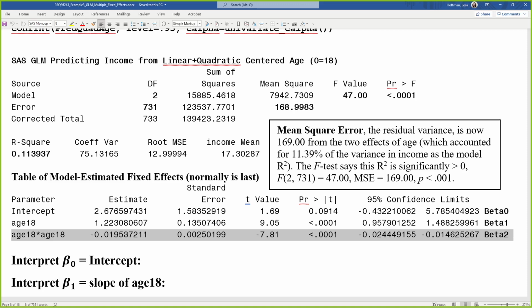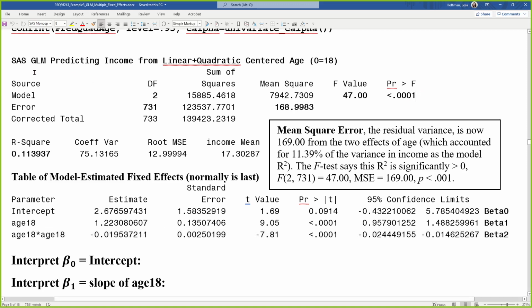So let me say this all again because this is easy to get confused as to what is being tested. The job of this F box thing up here is to tell you about the model versus R square of 0. So my F of 47 is, did you get any variance? Yes, I did. How much? 11. Yay me.